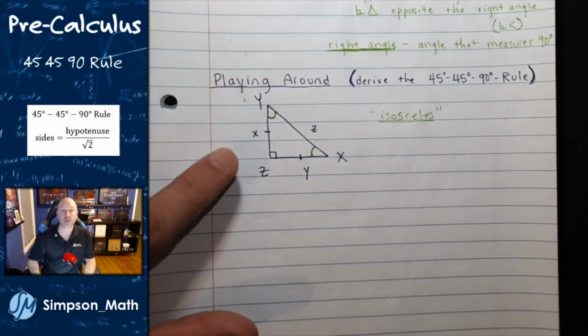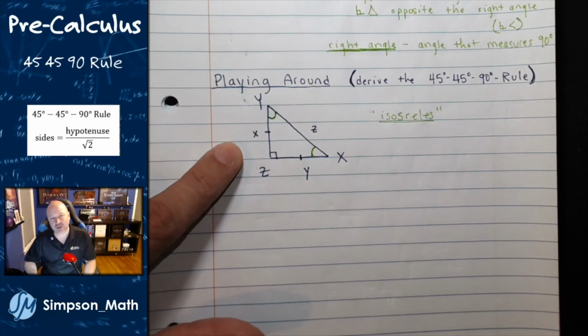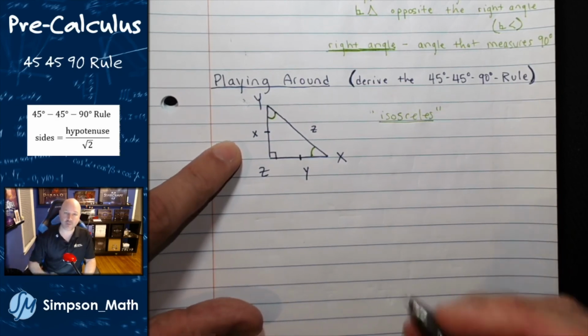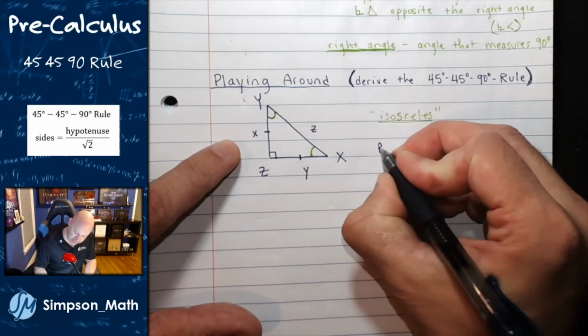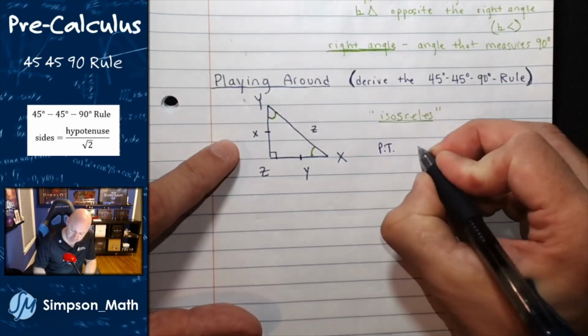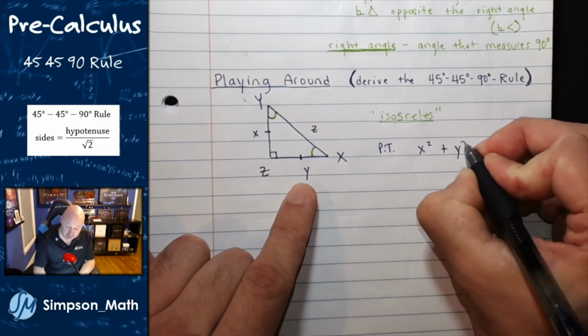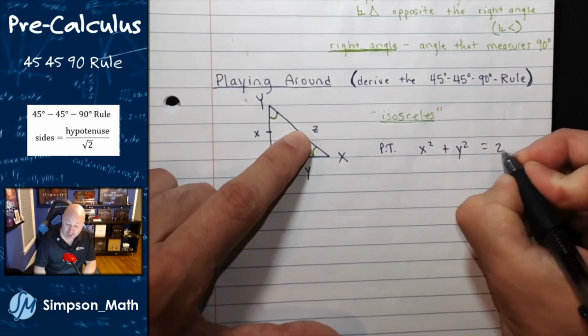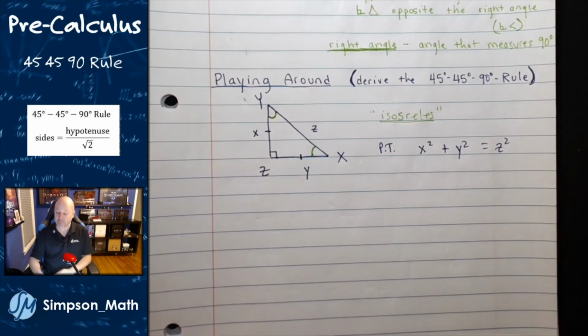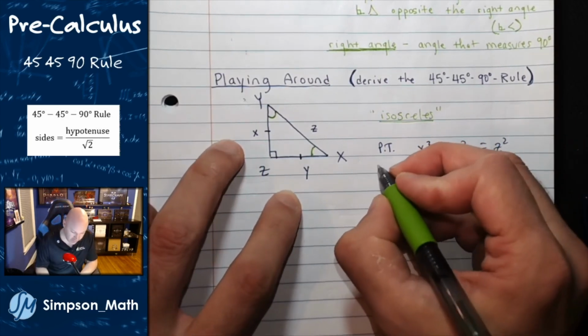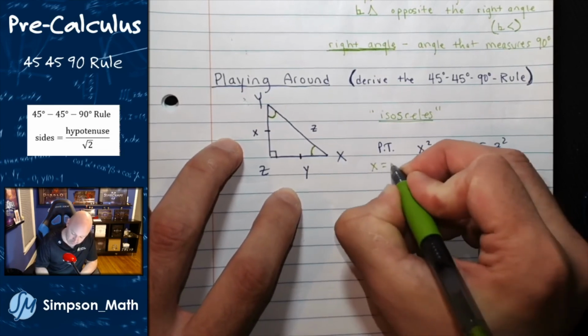All right. So if I have a right triangle that looks like this, well, for sure, the Pythagorean theorem will apply. So I'm going to say the Pythagorean theorem says the side length squared plus the other side length squared will equal the hypotenuse squared. But with this triangle, we know that x equals y.